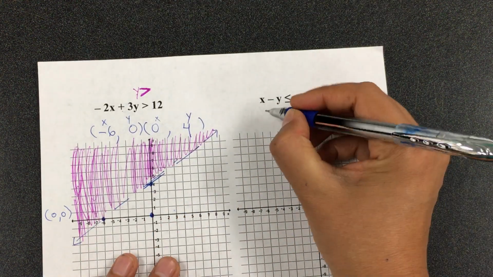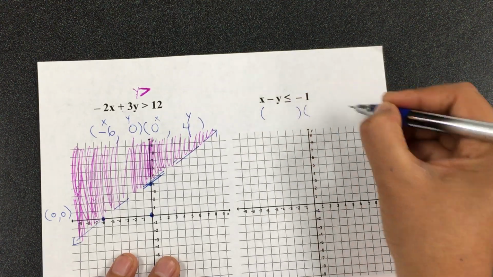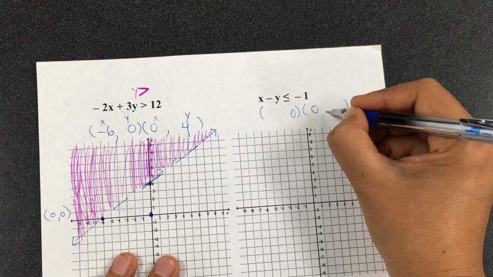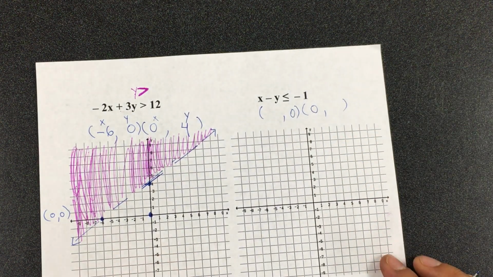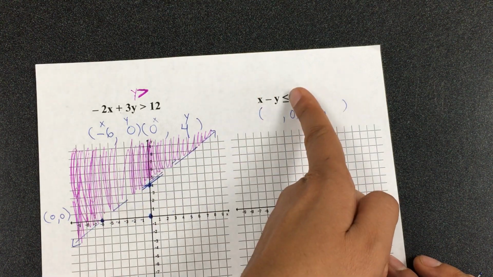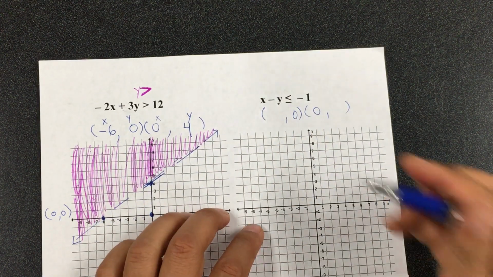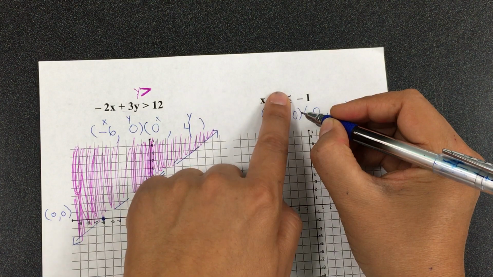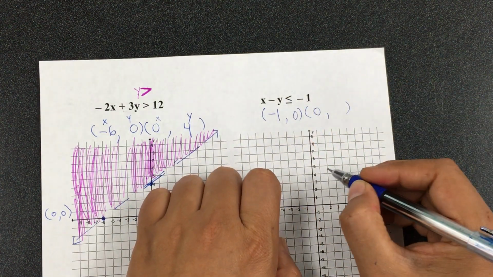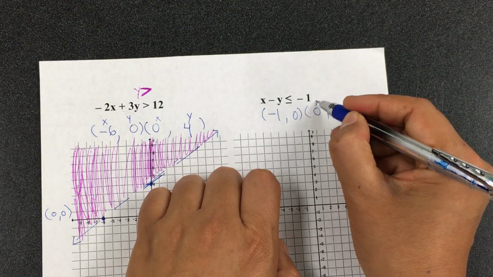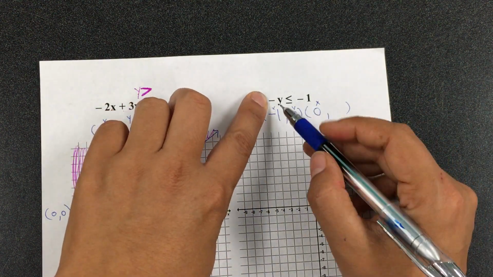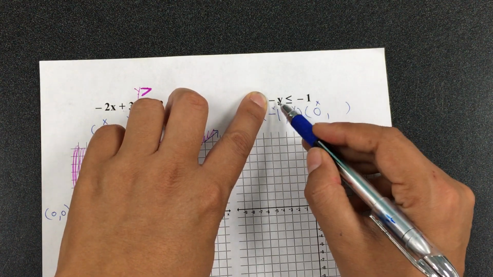Now in here is what I was talking about when you have a negative for the coefficient of y. Same method, just because x and y are before the inequality symbol. If y is 0, x is -1. When x is 0, I cover x. I should not cover it, okay?